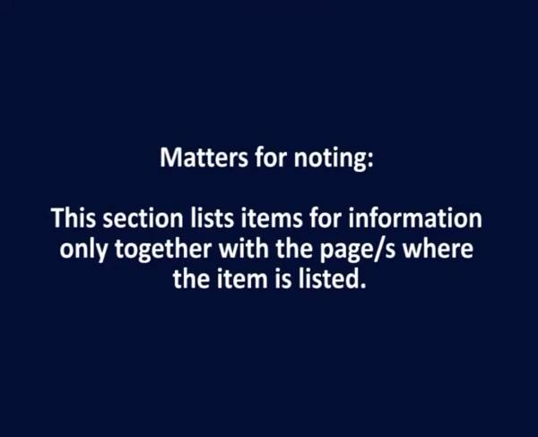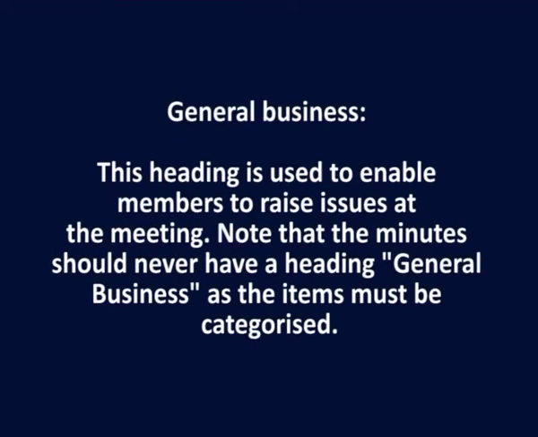This section lists items for information only, together with the page where the item is listed. General business. This heading is used to enable members to raise issues at the meeting. Note that the minutes should never have a heading like general business, as the items must be categorized.